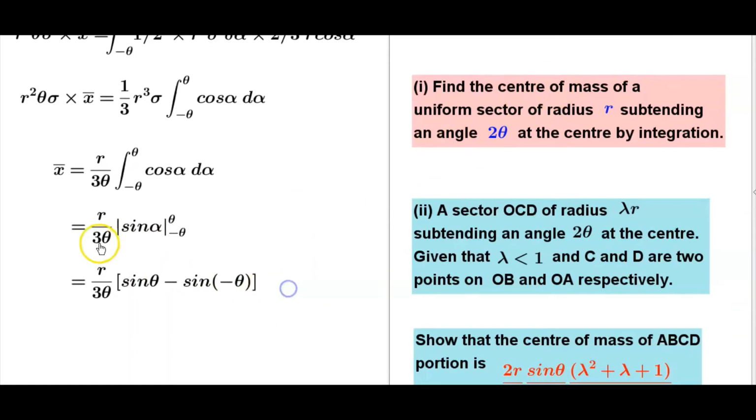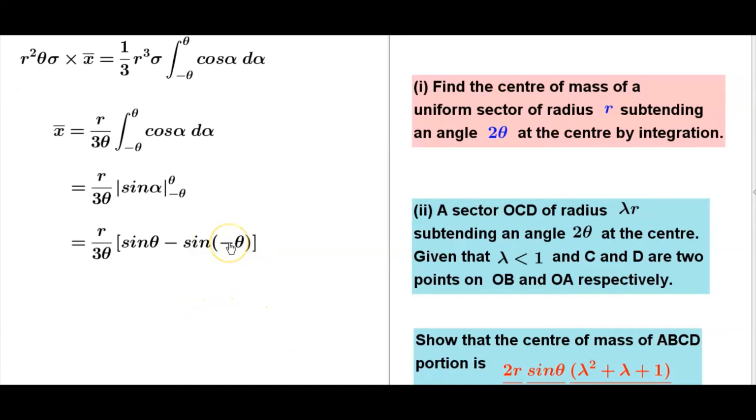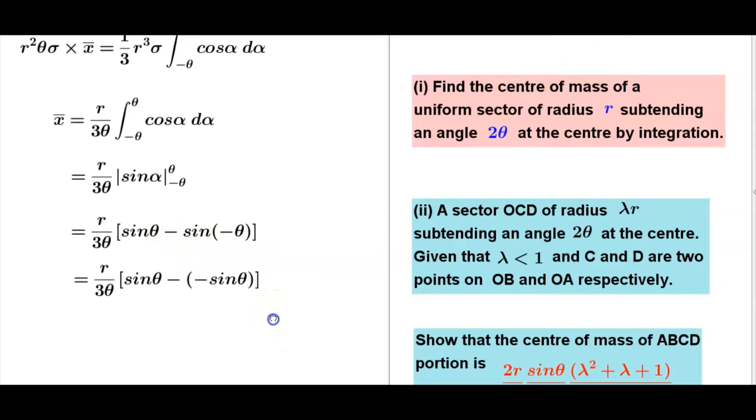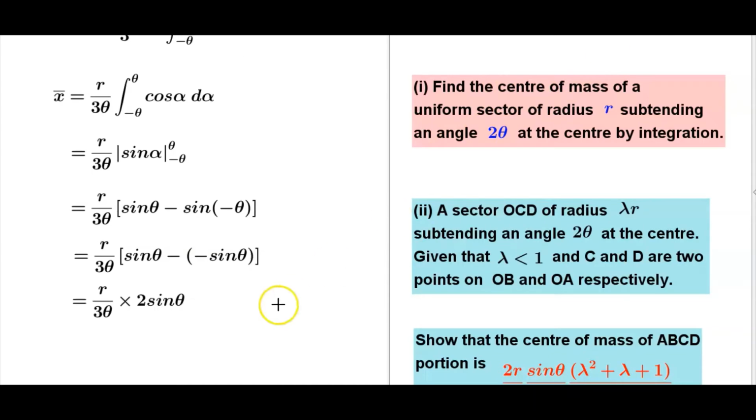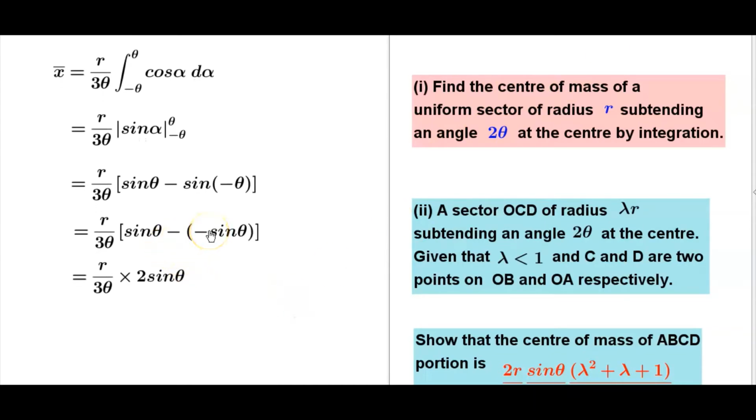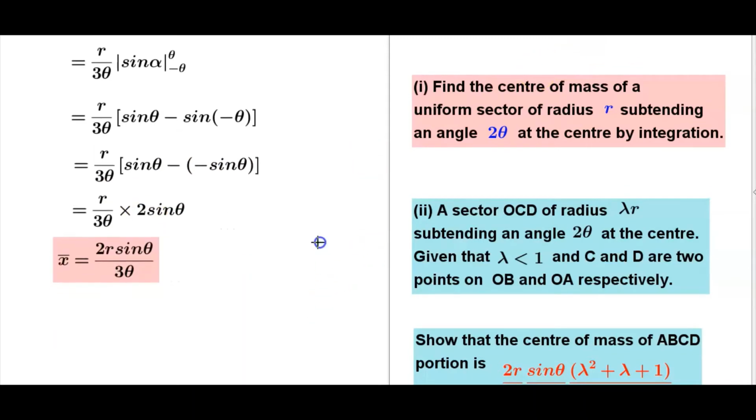When we substitute theta, sin theta, minus sin of minus theta, which is minus sin theta. Minus minus is plus, so sin theta plus sin theta is 2 sin theta, giving r over 3 theta into 2 sin theta. Simply, x bar is 2r sin theta over 3 theta. This is the answer for this part.